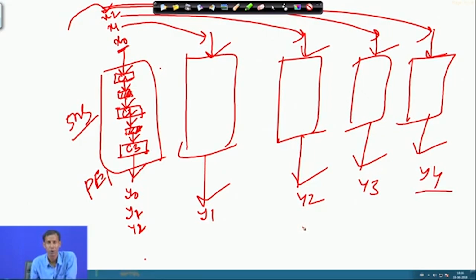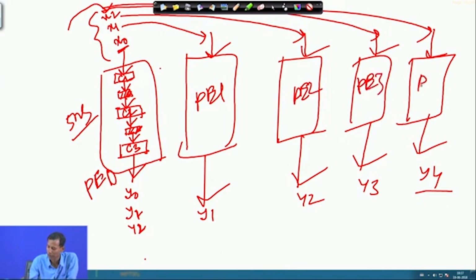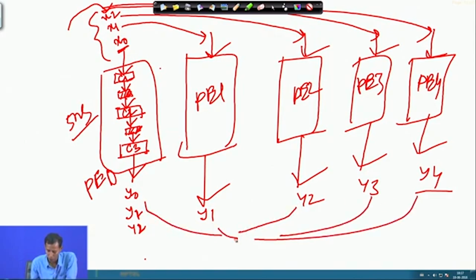I need to channelize these samples to the corresponding processing elements, PE0, PE1, PE2, PE3 and PE4, and again combine the outputs into a single output.